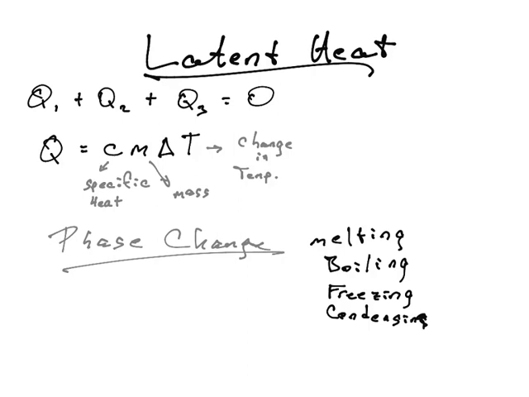But then we'd lose all the information about how much energy we had to put into the ice to melt it. It's as if it didn't happen, but we know it does happen. And that's what latent heat helps us with. There's a new Q we now have to worry about, and that is Q equals M times L. In this case, M, of course, is still the mass, but now L is what's called latent heat.